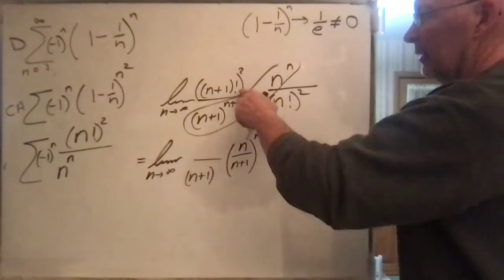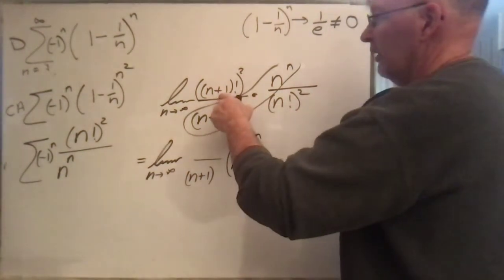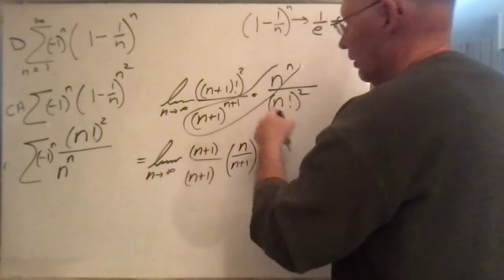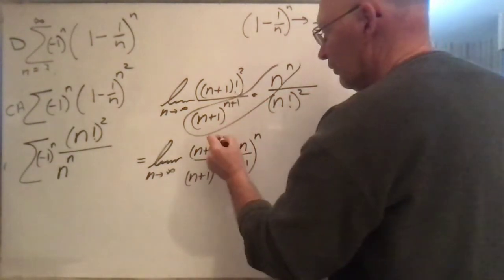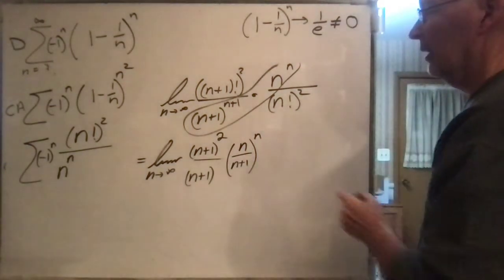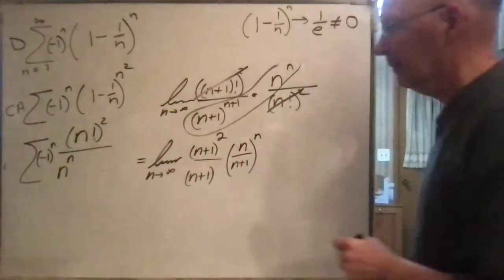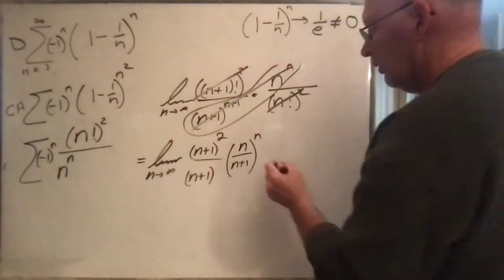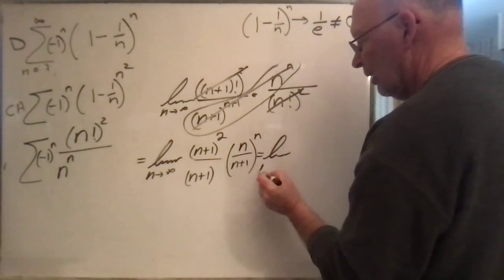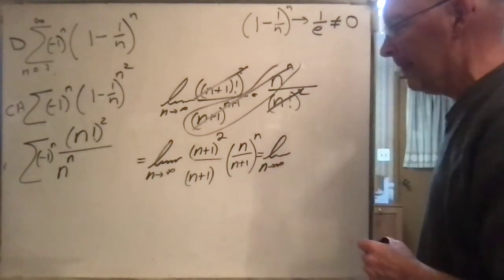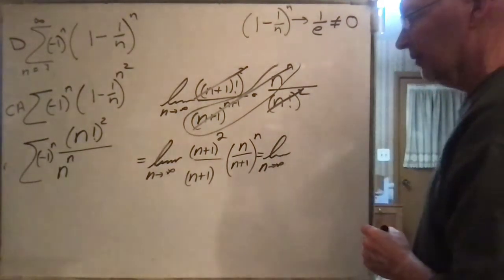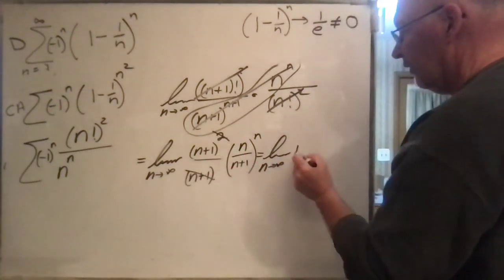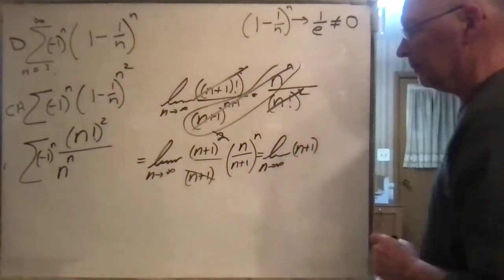Then what do I have here? Notice that here I have n factorial, there I have n plus 1 factorial. So I'm going to have an n plus 1 remaining there, and I've got it squared, so it's going to be 2 of them like that. So that takes care of all this stuff. Okay? So now I'm pretty much done. Okay, what's this going to do? Limit as n goes to infinity. What happens? One of these cancels with one of these, and I'm left with an n plus 1 right there.